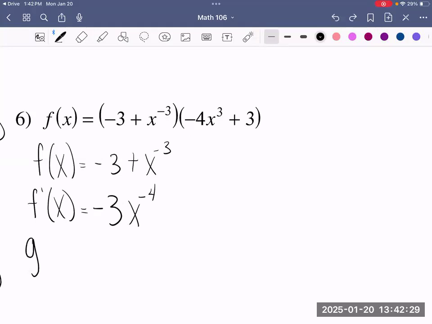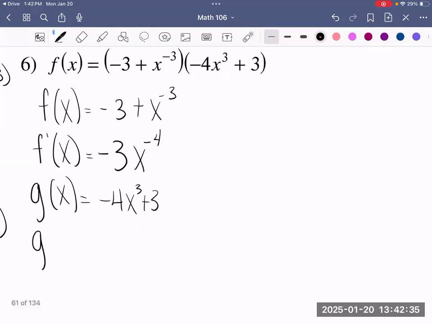Oops. g of x is equal to negative 4x cubed plus 3. So when we go to derive, we'll have a negative 12x squared. So now let's put it all together.